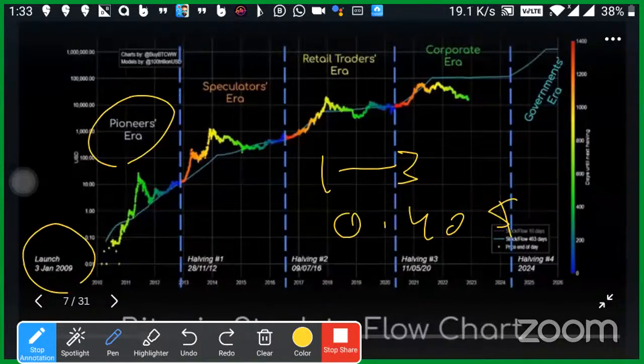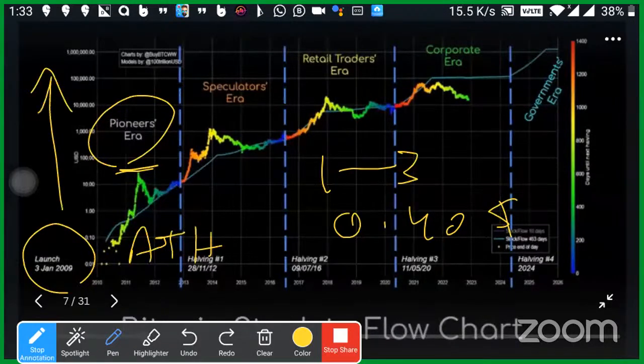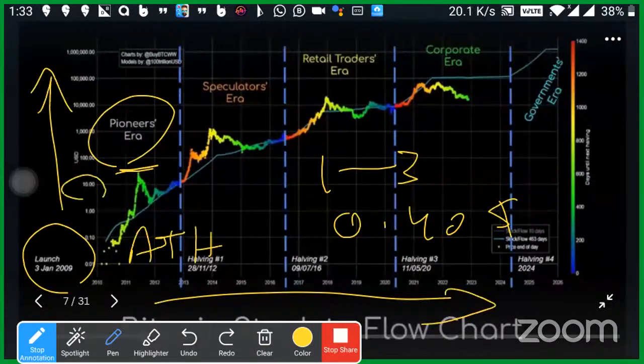And in this era, the Bitcoin prices touched a highest point. This was the all-time high. We call it all-time high because at no other time before that had the prices reached this level. These are the prices and these are the years. The prices are in multiples of 10. If you cannot see, you can enlarge the screen. You can just double tap in the middle and you can see this $10 mark.